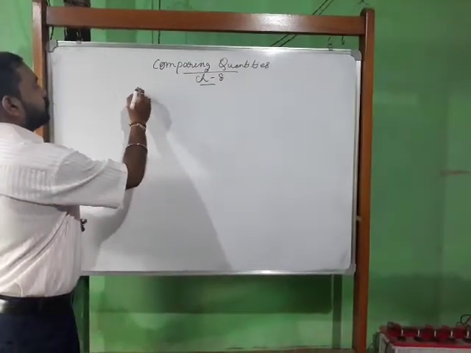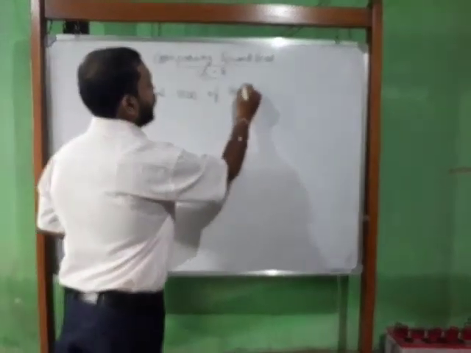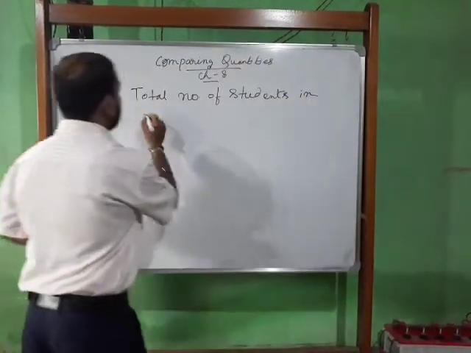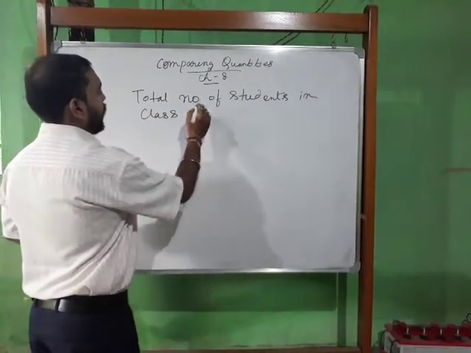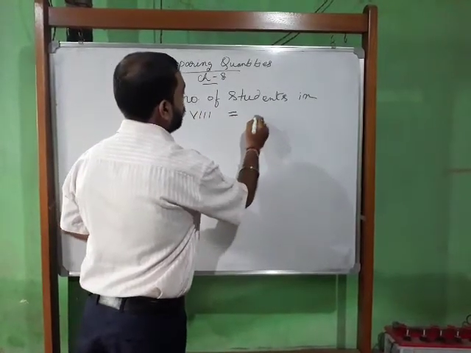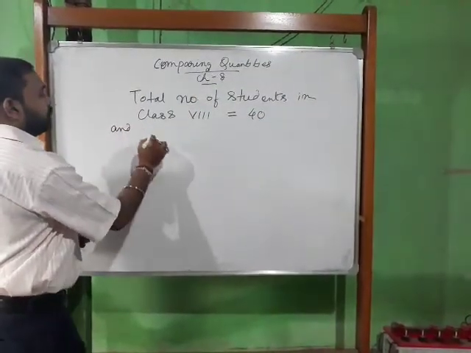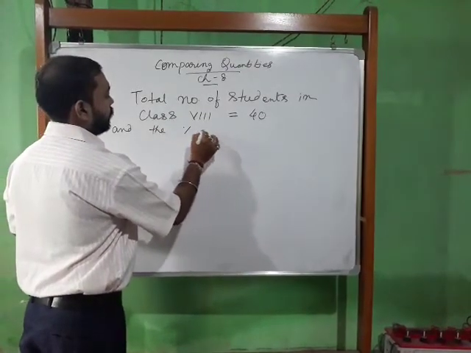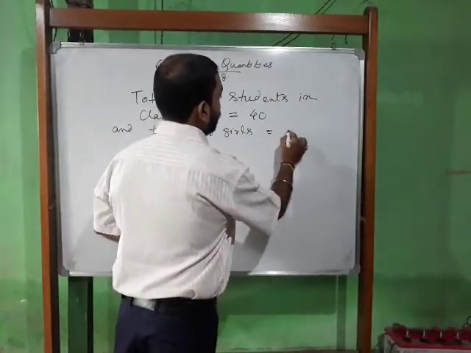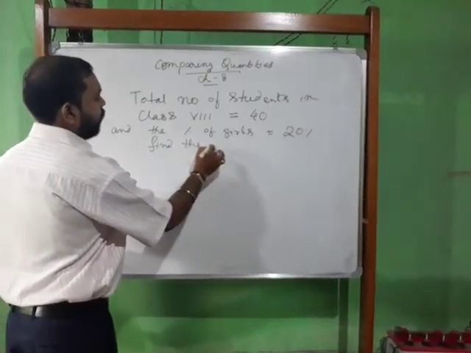Suppose let us consider the total number of students in class 8 is equal to, suppose, 40, and the percentage of girls is equal to 20%. Find the number of boys.